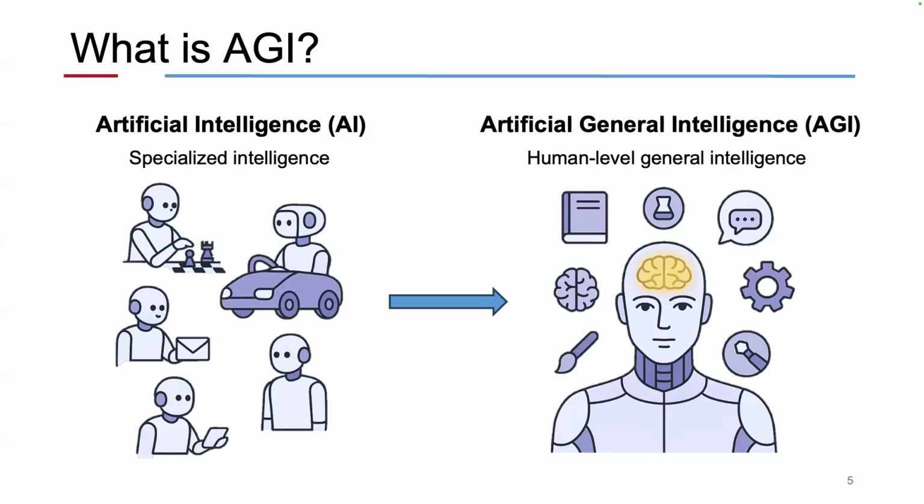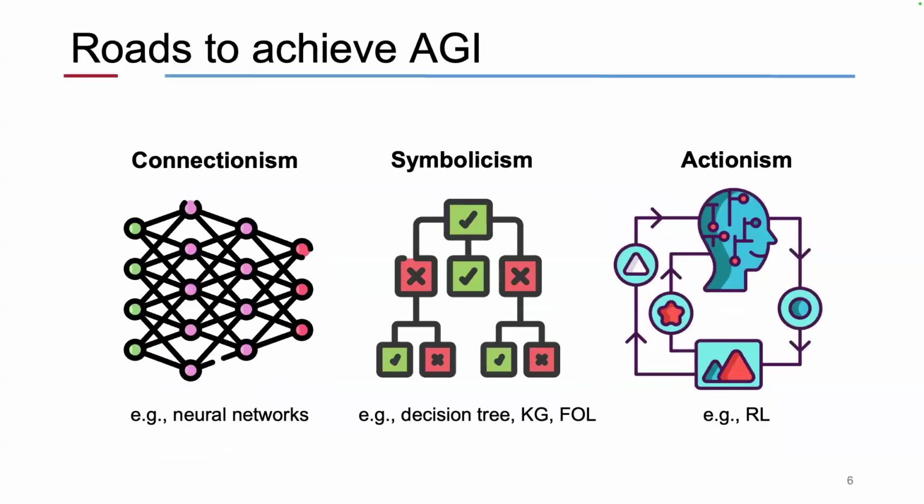Everyone is very passionate about this, but this is very challenging, and there are different roles that may achieve AGI. People in this community think that there are different schools which can help us achieve AGI. The first one would be symbolism.